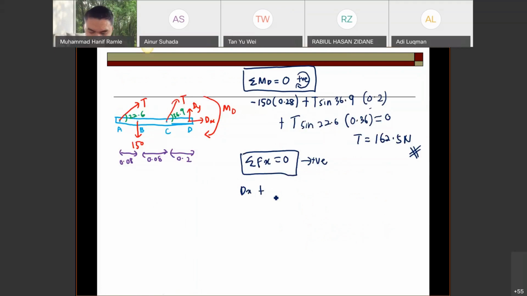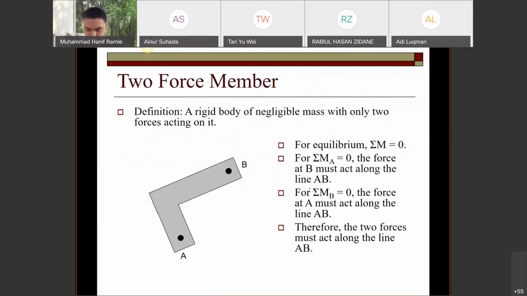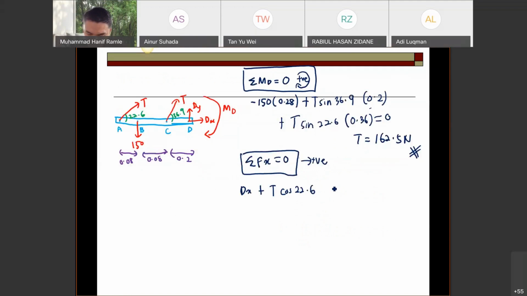Plus T cos 22.6, plus T cos 36.9 equal to 0, right?